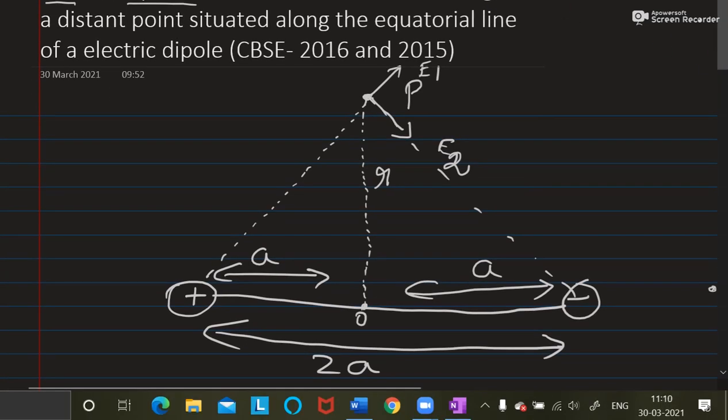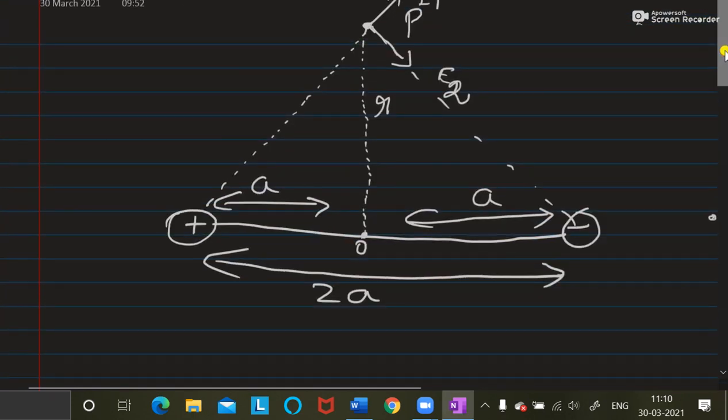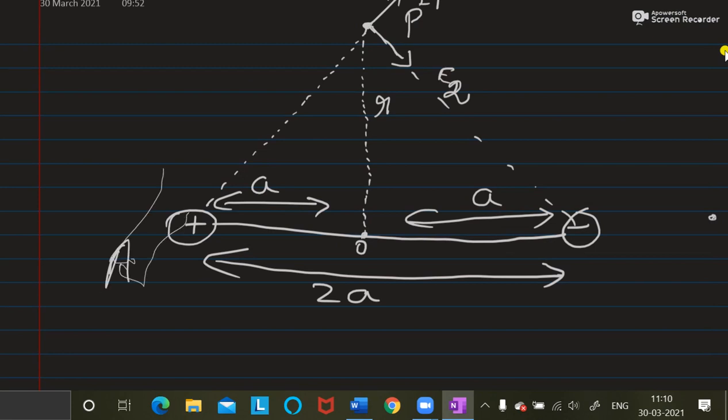Now, see, it is A, it is B. Tell me what is this diagonal length? This side is a, this height is r, and this is the hypotenuse of this triangle, square root of r square plus a square.